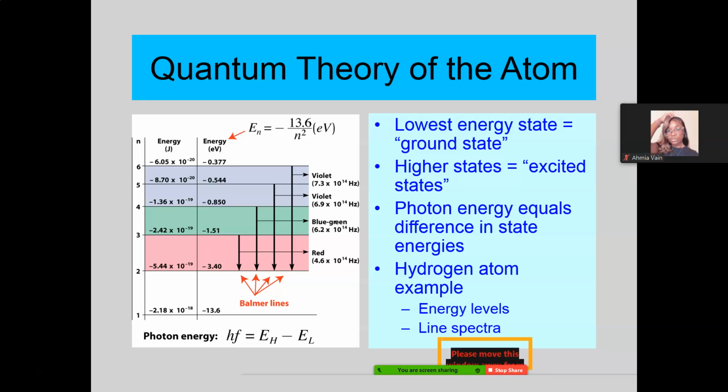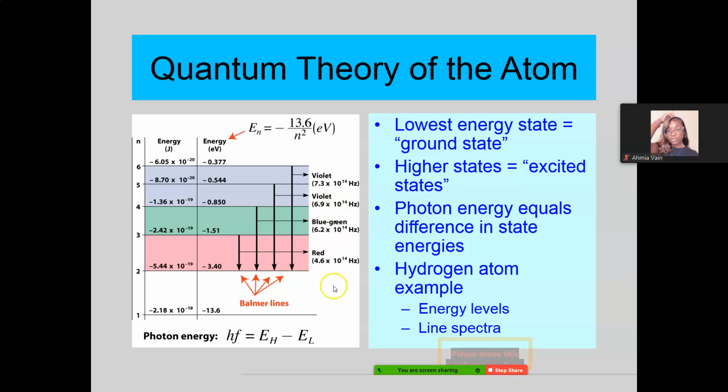In quantum mechanics, that's not the case. The lowest energy state is never, ever 0. It's called the ground state. You can't have 0 energy for anything, okay? So therefore, you have your lowest energy state, and that's the ground state.